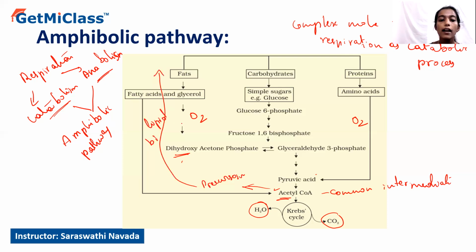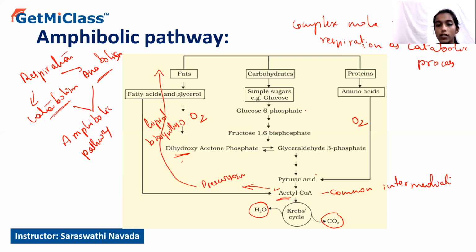Hence, this acetyl coenzyme A is a product of a catabolic reaction, but it takes part in the anabolic reaction also, where it is used as a precursor in the synthesis of fats. Whereas here, glucose 6-phosphate is formed upon oxidation during glycolysis.